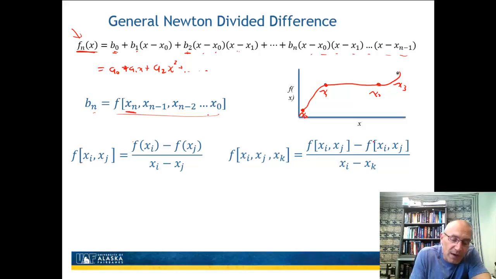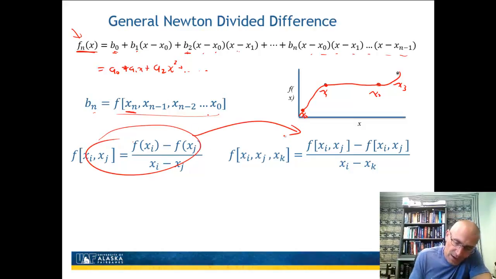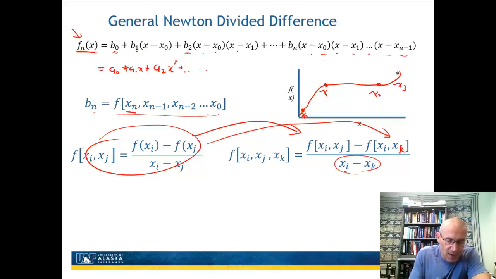And so then what I've got is a divided difference. This is where the term divided difference comes from, of these 2 functions. And these 2 functions here are these functions here. So I'm going to put that in there for i and j, and then do a similar thing over here. I'm sorry, that should be k right over there. And then I'm going to do my difference of i over k.